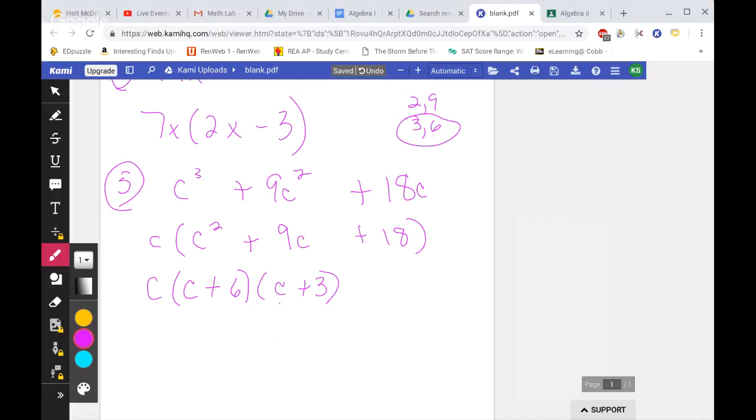I kind of understand that, but I'm still a little fuzzy on it. Okay. Well, I know you got the greatest common factor. You rocked on that. But this factoring right here is just a review of what we had in chapter 1 when we were factoring quadratics.